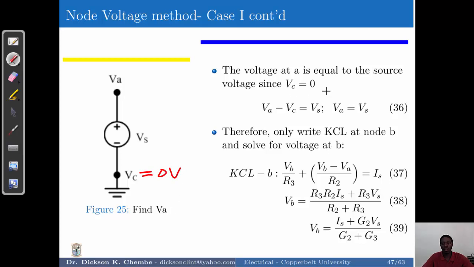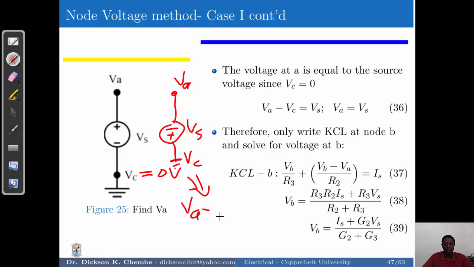Since VC is 0 volts, VA minus VC must give you VS, or in short, VA is equal to VS. But if these are reversed, if we have plus minus, and then VA and here VC, then VA minus VC is going to give us minus VS. So in short, VA is going to give us minus VS, if the polarities are reversed. So bear in mind, do not confuse the two.